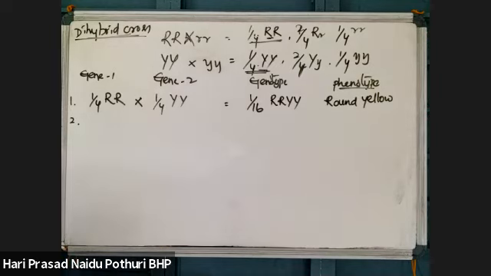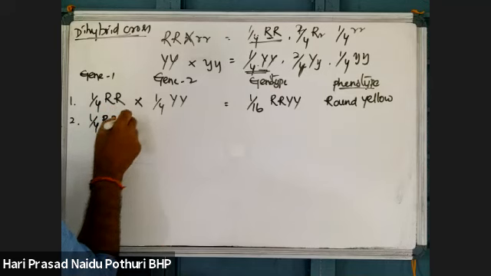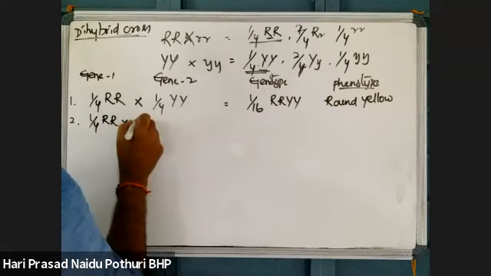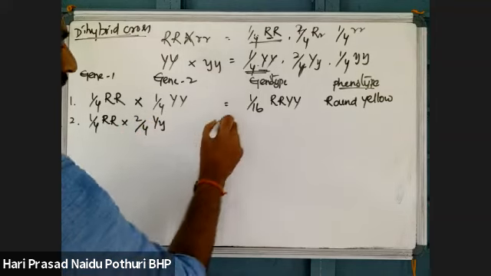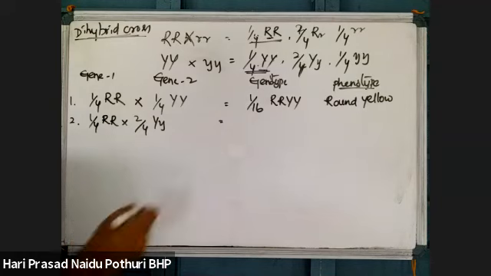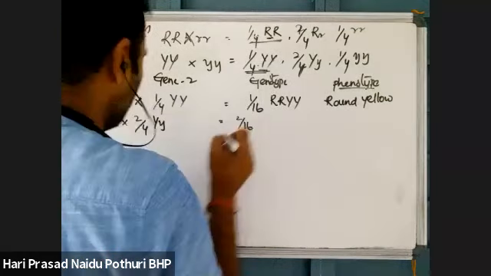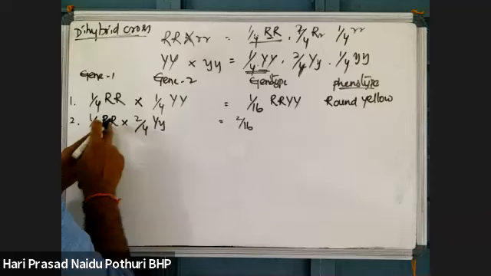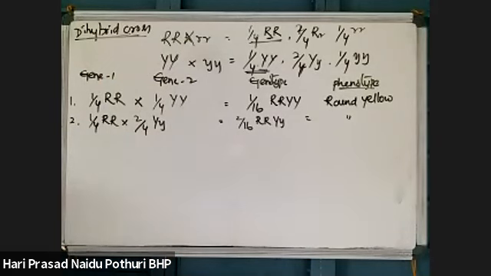Then when 1/4 capital R combines with 2/4 capital Y small y, then what is the result? 2/16 capital R, capital Y small y. This also gets round yellow.